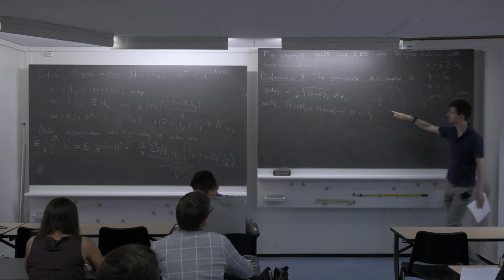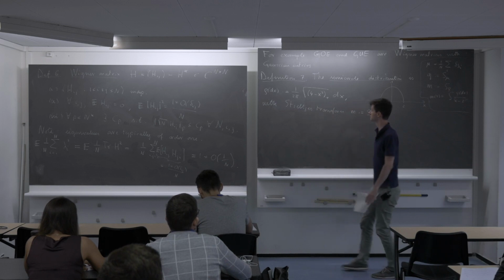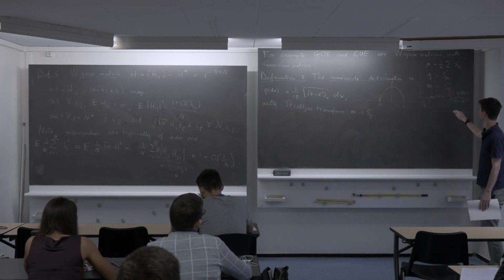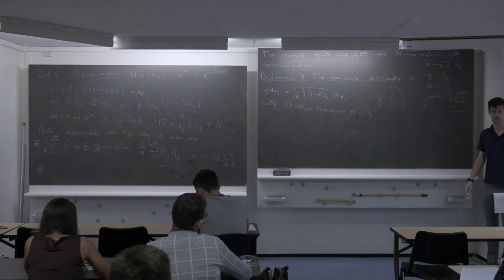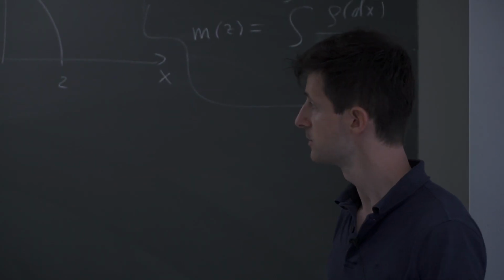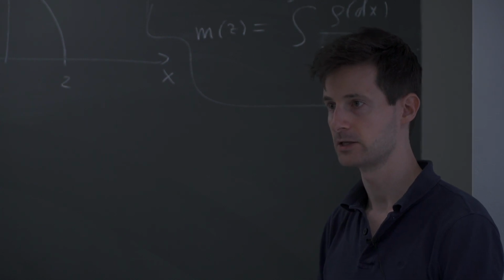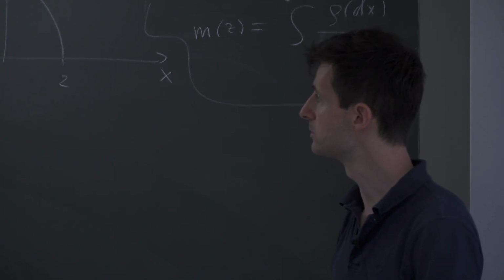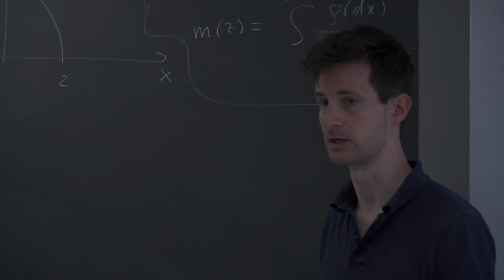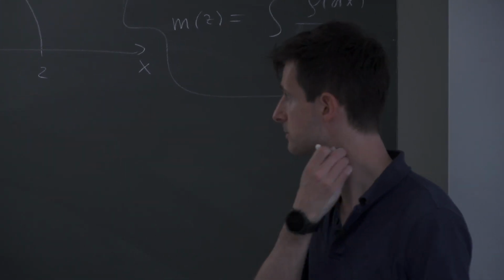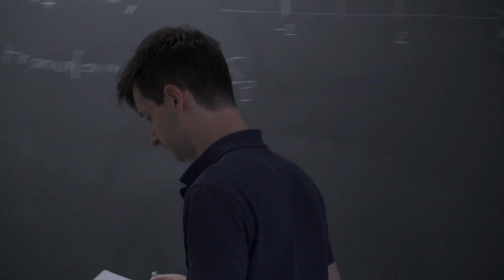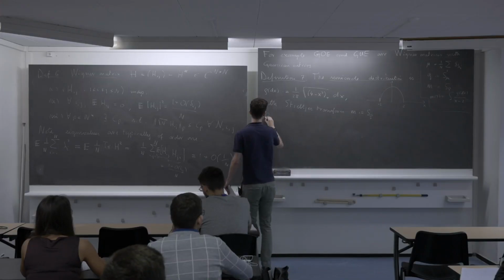You just take the function square root of 4 minus x squared, and integrate it from minus 2 to 2 with respect to x minus z, where z is a complex number. In fact, one can do it. There's a variety of ways of doing it. You can do it using complex analysis, or using power series. And the answer is the following.